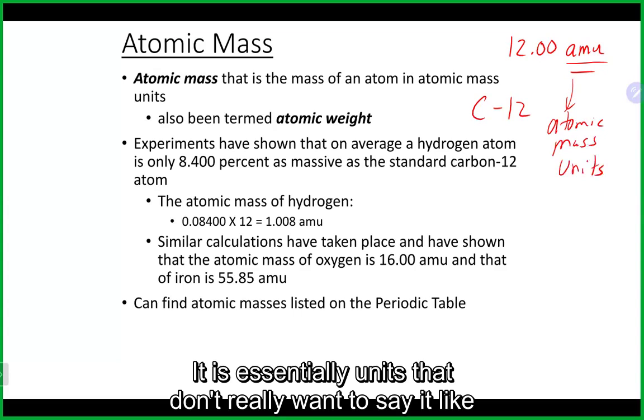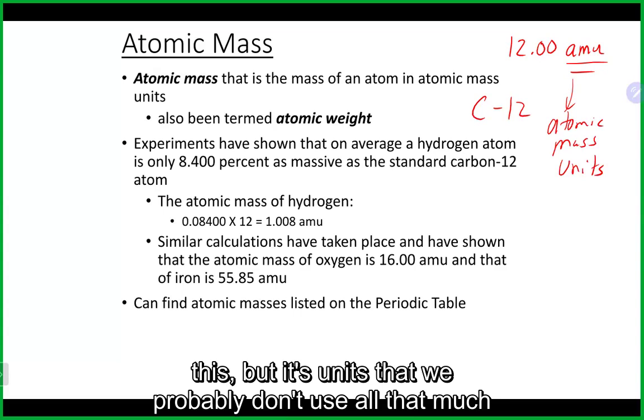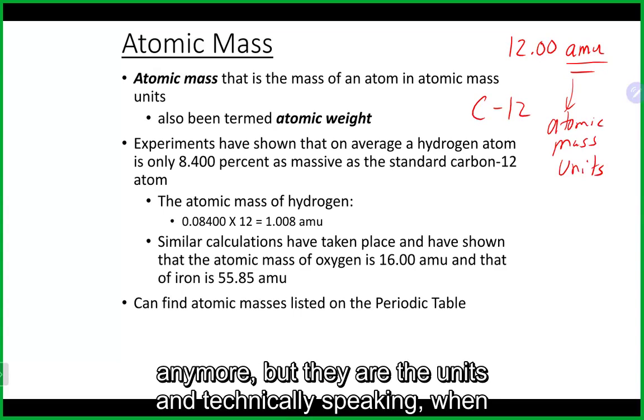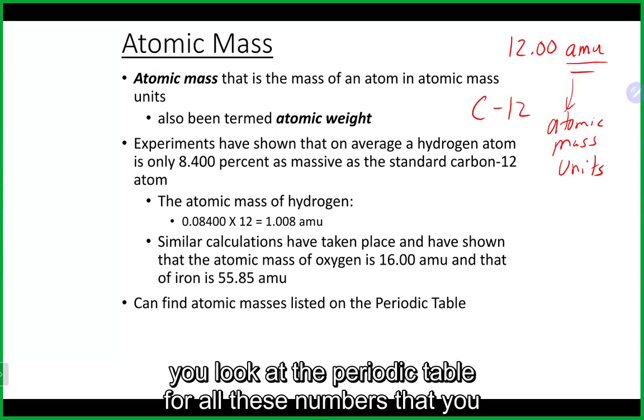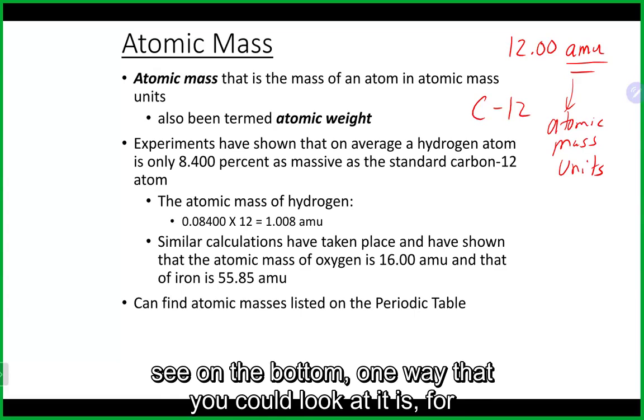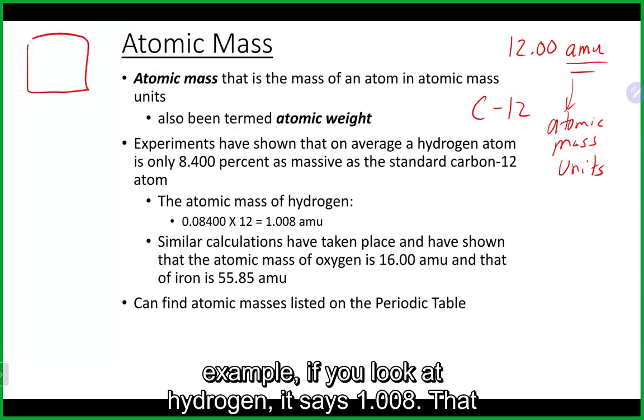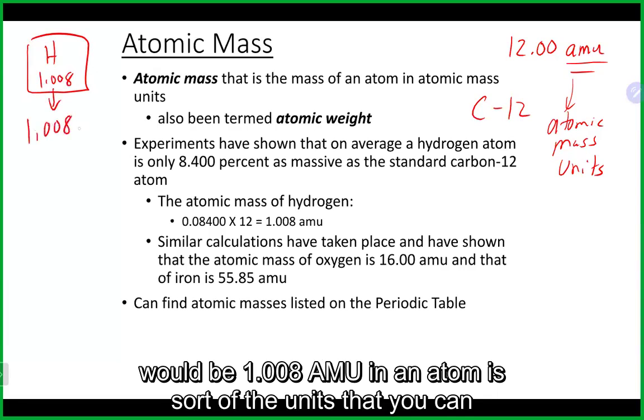It is essentially units that we probably don't use all that much anymore, but they are the units. Technically speaking, when you look at the periodic table for all these numbers that you see on the bottom, one way you could look at it is, for example, hydrogen says 1.008. That would be 1.008 AMU in an atom.